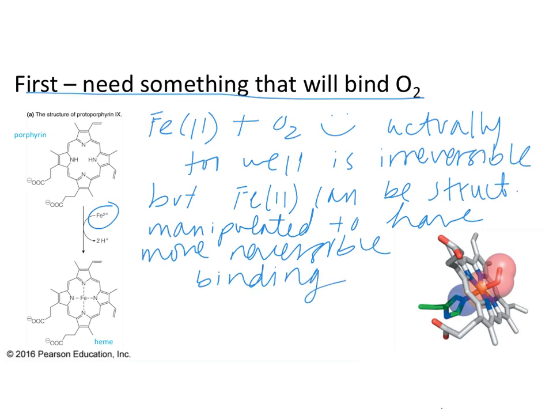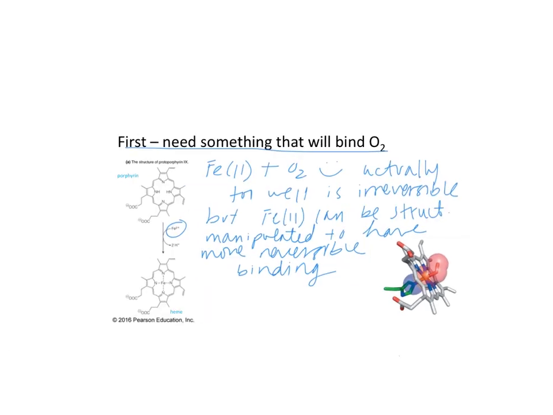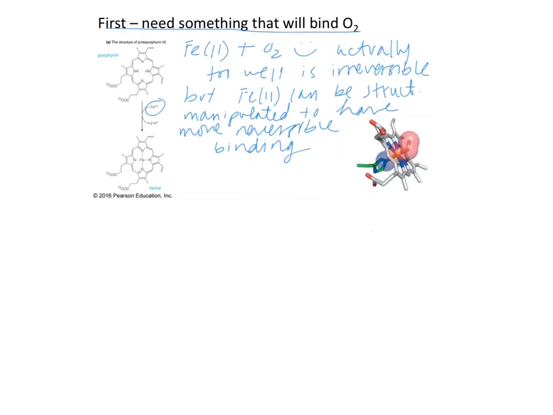Okay, so iron binds oxygen really well, way too well for it to be reversible. So iron 2 plus oxygen is irreversible. We can alter iron in a way that we can increase the reversibility.